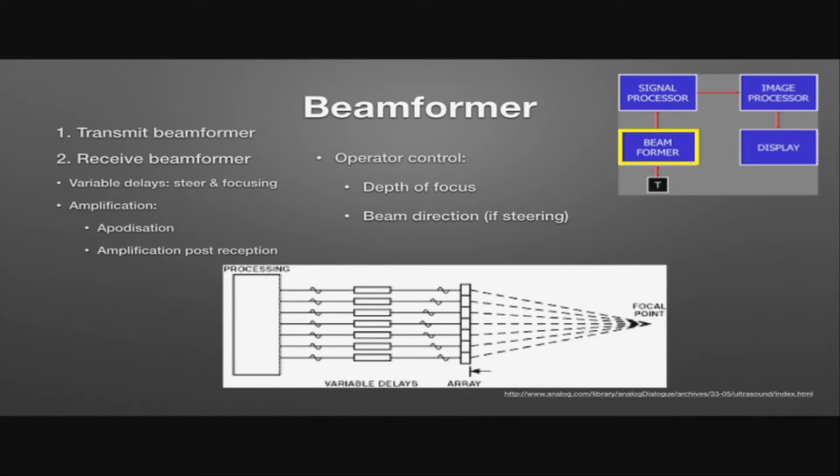As well as apodization, you're also going to need amplification of the echoes returning in general. As we discussed in previous lectures, some of these echoes are going to be attenuated to a huge extent. I'll use an example from those previous lectures. If I had a 2 megahertz probe and I'm imaging at 20 centimeters depth, on average, the sound waves that are received compared to the ones that are transmitted are going to be about 10,000 times less in amplitude.